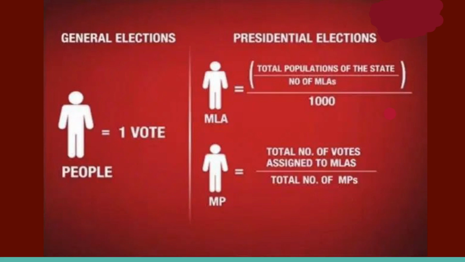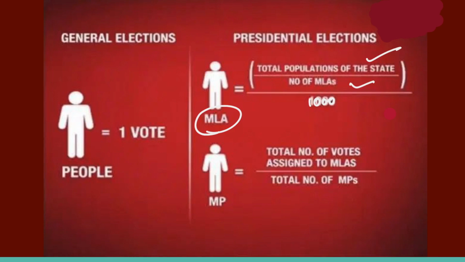Every elected member of the legislative assembly of a state will have as many votes as there are multiples of 1000 in the quotient which is obtained by dividing the population of the state by the total number of elected members of the assembly.